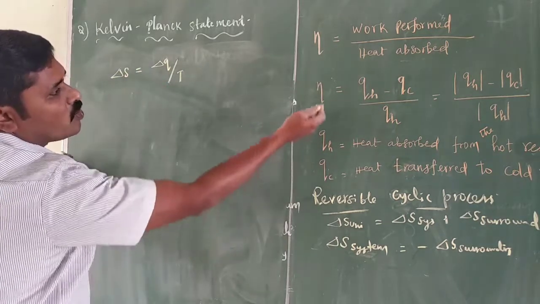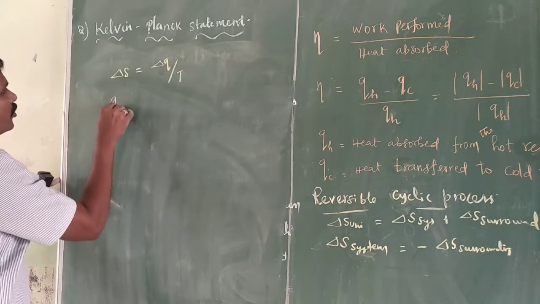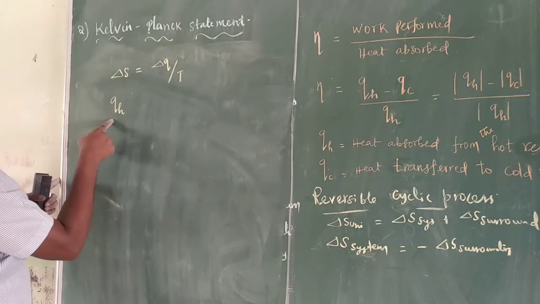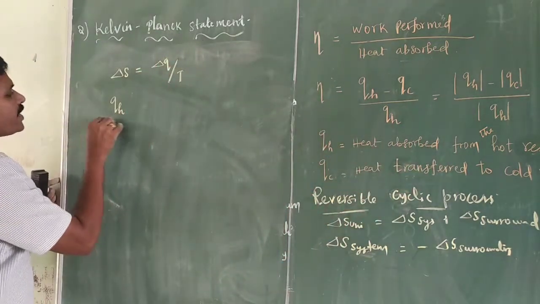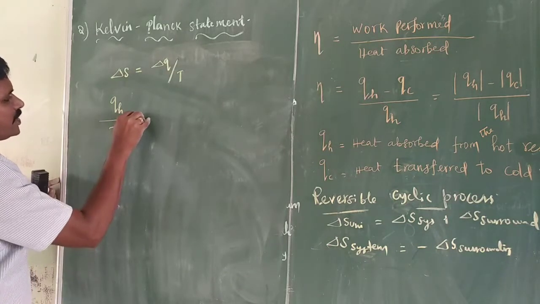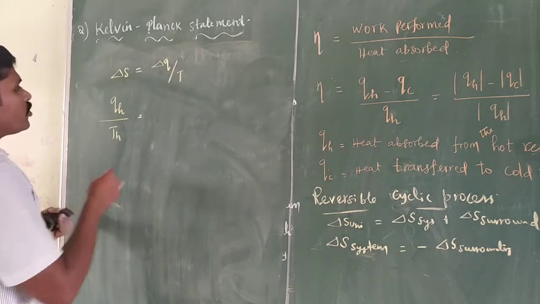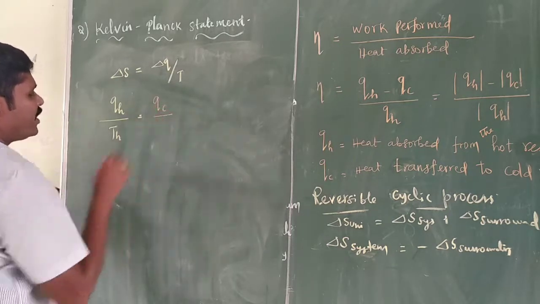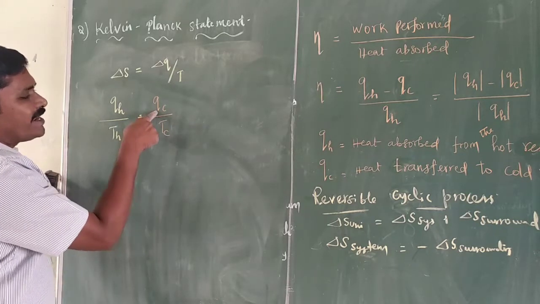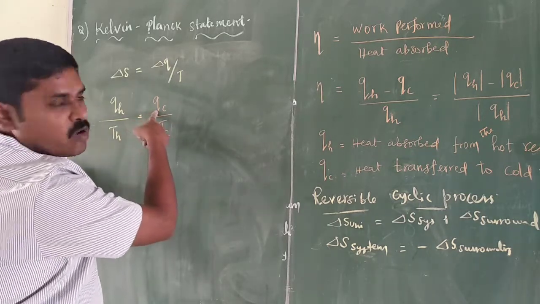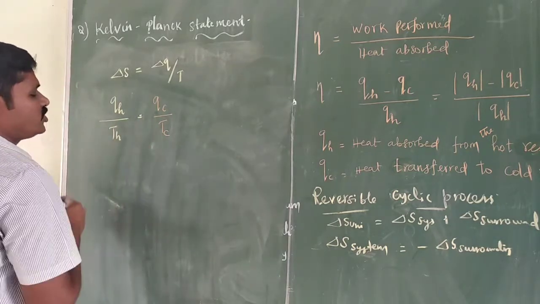The entropy change is equal to the heat change divided by temperature. So QH, the heat absorbed from the hot reservoir, divided by TH is equal to QC divided by TC, the heat transferred to the cold reservoir divided by the cold reservoir temperature.